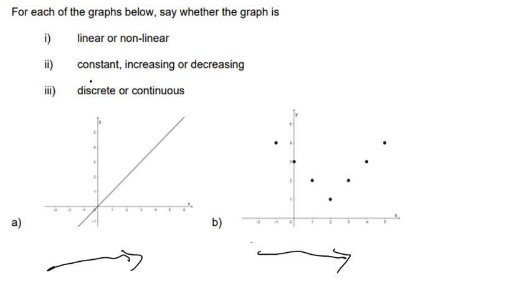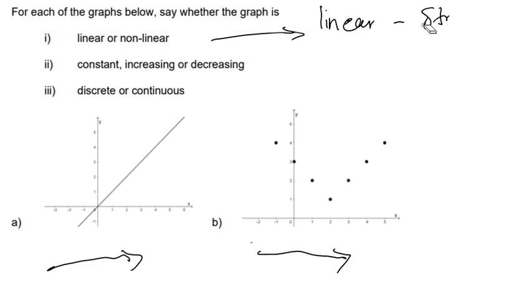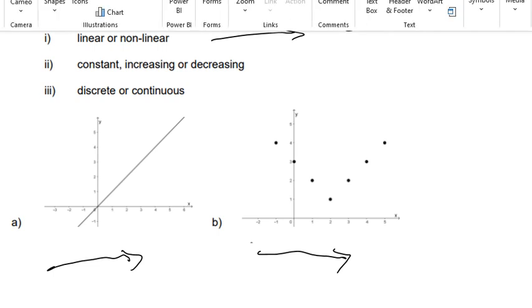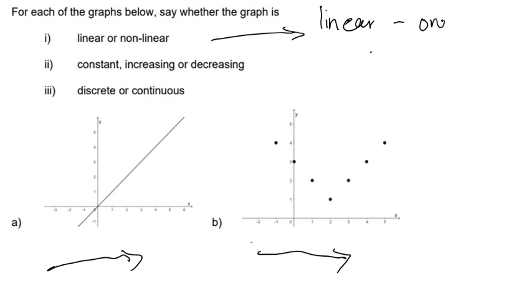A linear graph, we said, should be straight, with no change of direction. To make it easy to keep in mind, it has one direction.